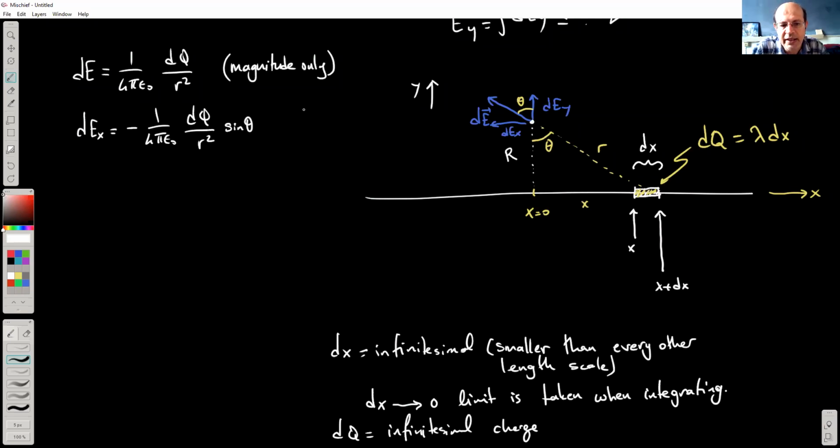Let me just write it down like that. So that's the correct answer. That's why I did this. So our x component of the radial unit vector is equal to minus sine theta. That is why I put the minus sign in here, but you can usually write down these kinds of expressions with the correct signs by just looking at the picture.